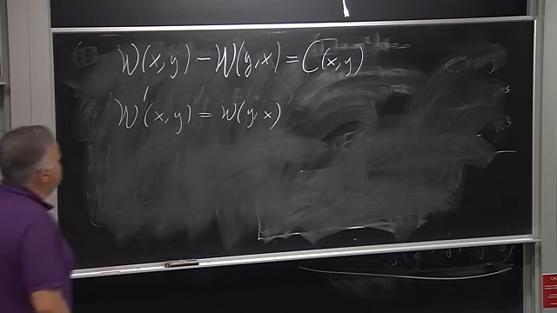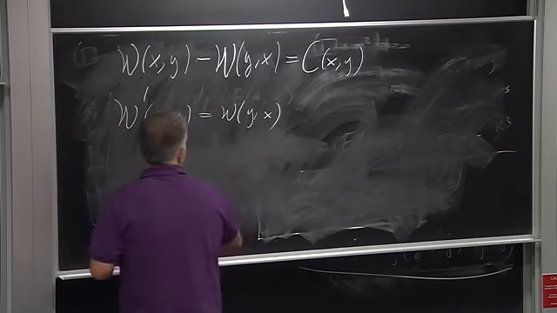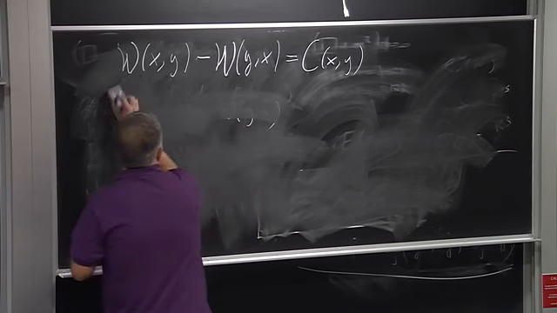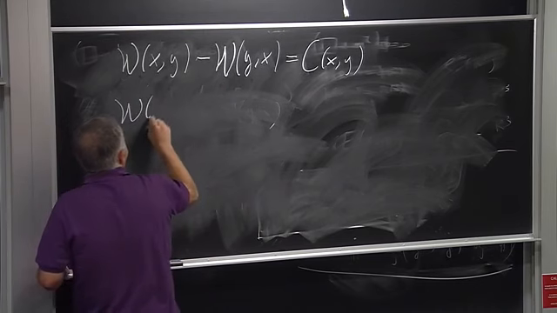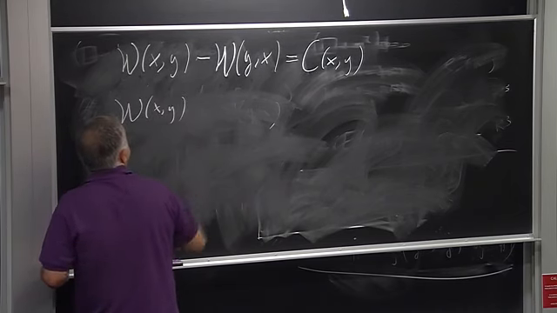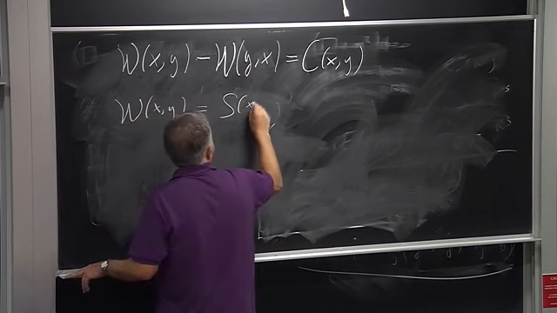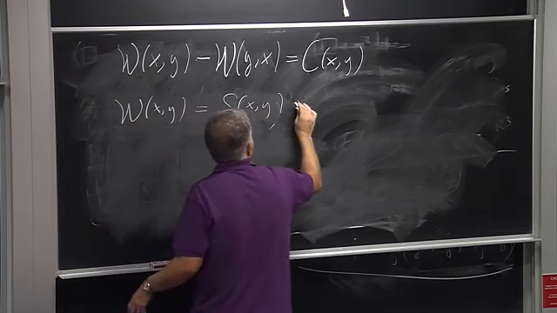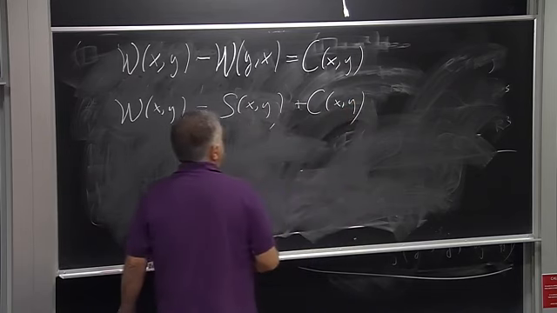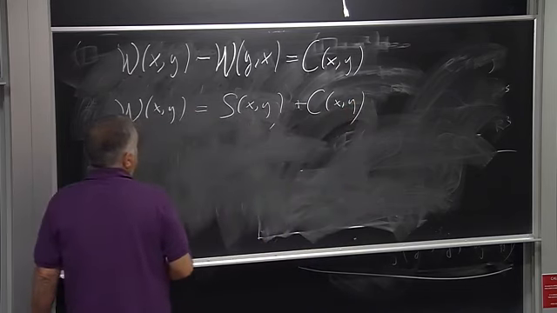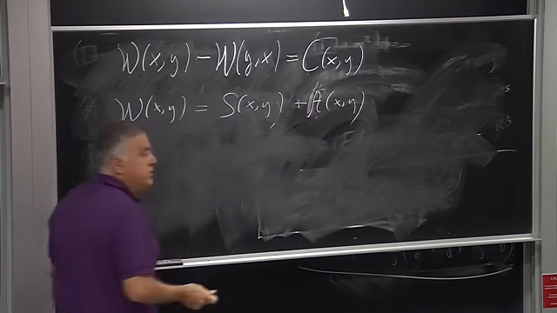So you see the commutator. If you now revert the writing here, if you give yourself a two-point function, you can write it as a symmetric part and an anti-symmetric part, as any function.